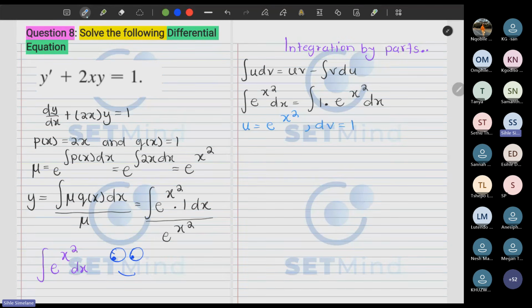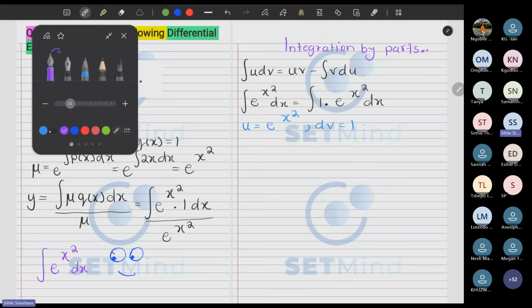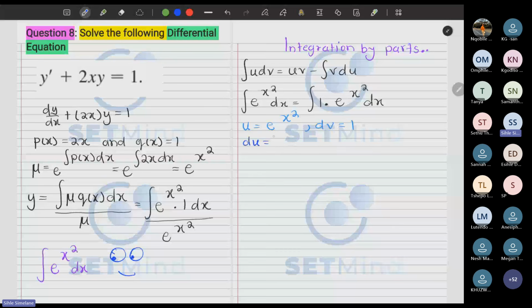which means our dv will be 1. And guess what? We need to go now and find what is du. So du, if you observe carefully, it will be 2x e to the power of x squared. But the v will end up being x. So if you look at what our integral will be then, e to the x squared dx, it will be u times v.